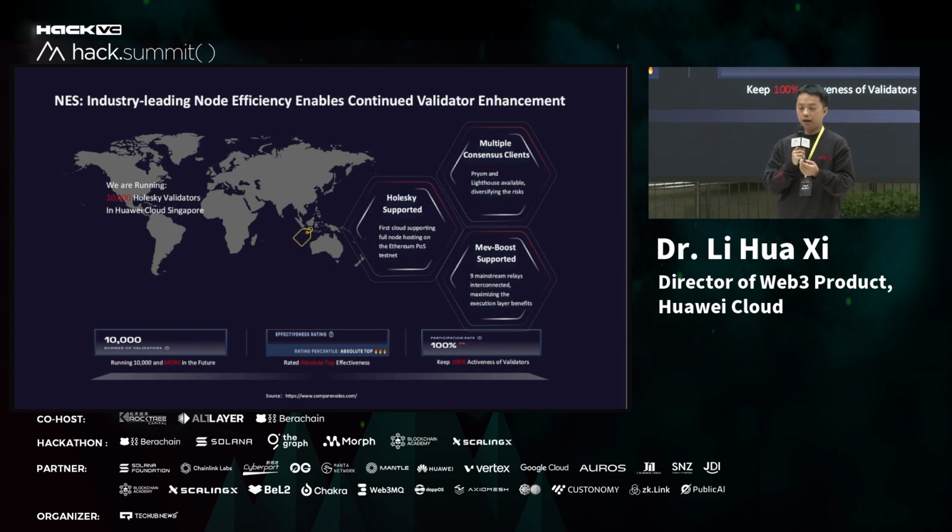To verify the capabilities of NES, our team, with the help of the Ethereum Foundation, has been running over 10,000 validators on Hostkey since last December. And according to the Web3 network, the validators' effectiveness using the NES full node hosting service and the full stack of Huawei Cloud ranks top #1 in the world.